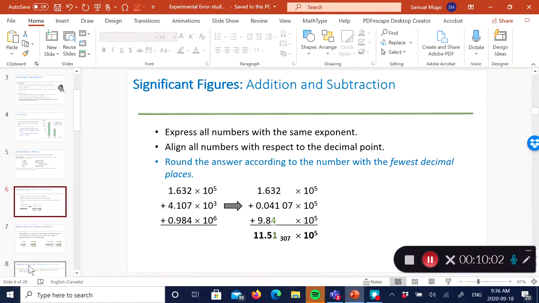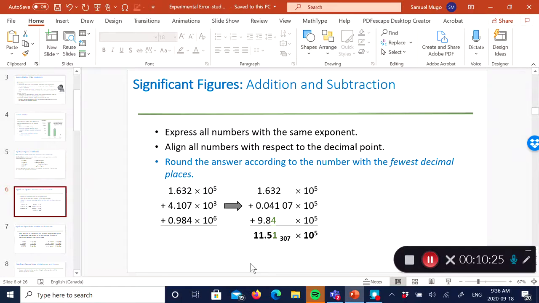If you're doing an operation, say an addition or a subtraction, remember, you round the answer according to the number with the fewest decimal places. A case like this, for example, and of course, when you're doing addition and subtraction, the scientific notation or the exponent should always be the same.